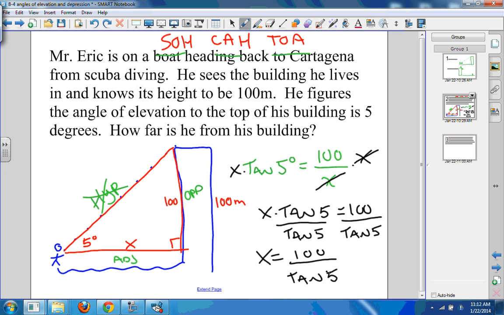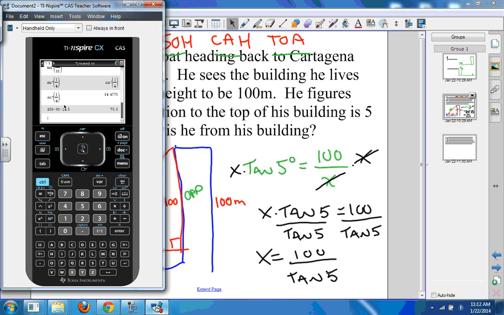So let's put that in our calculators. 100 divided by the tangent of 5. Gives us this fraction, and we find it is 1,143.01.